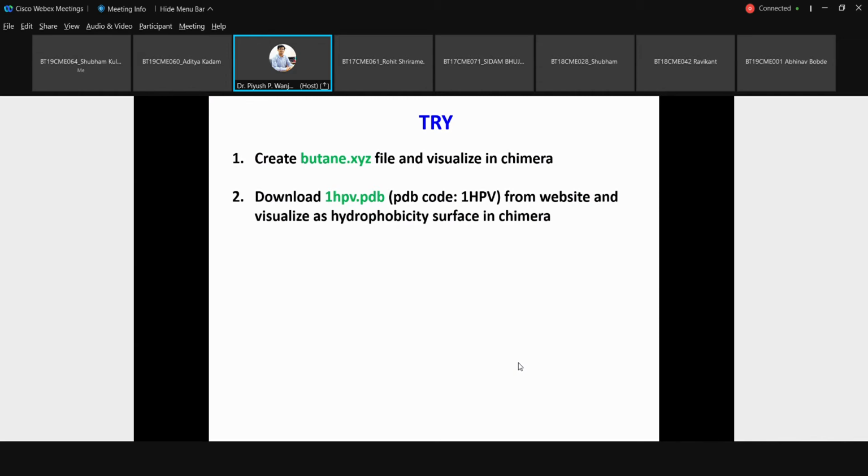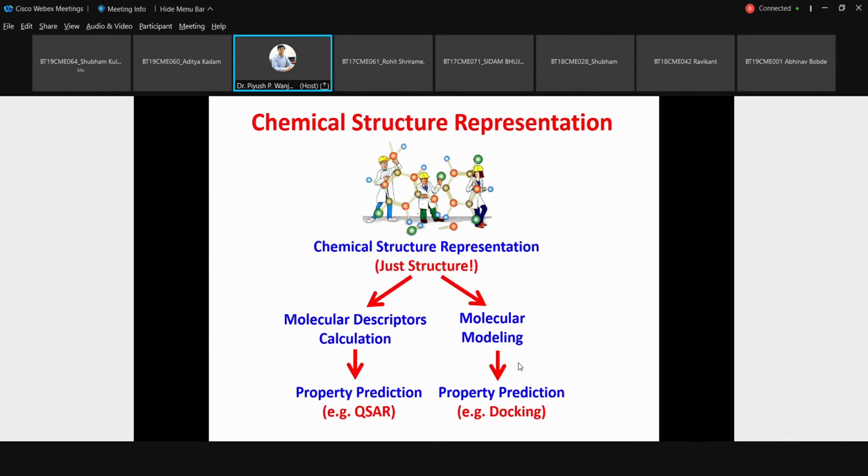Okay, I will move to the next section. Last time I said we are initially going to deal with only the structure part, the chemical structure representation. But now, using these structures, we need to find out some desired chemical, physical, or biological properties, and use them for screening purposes.